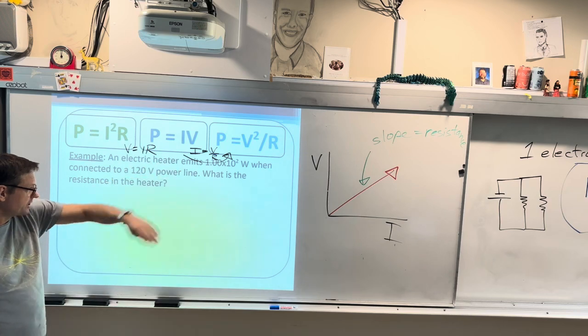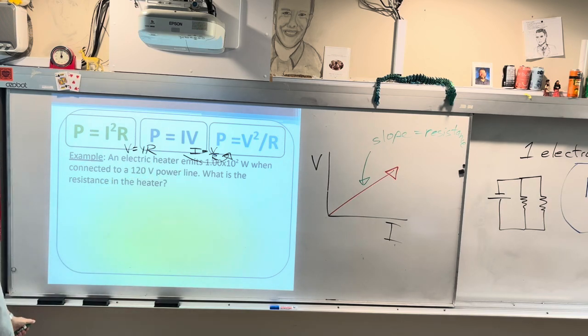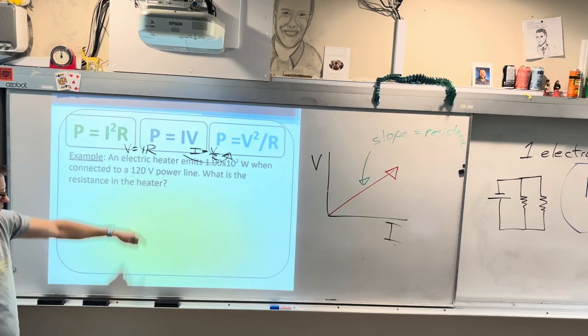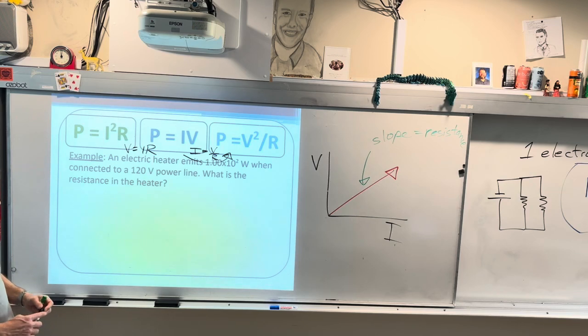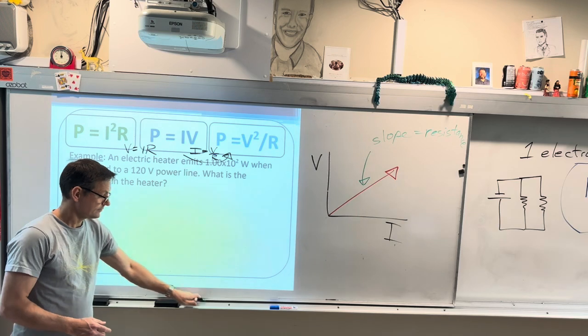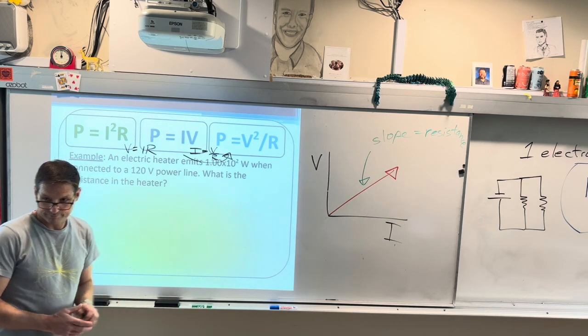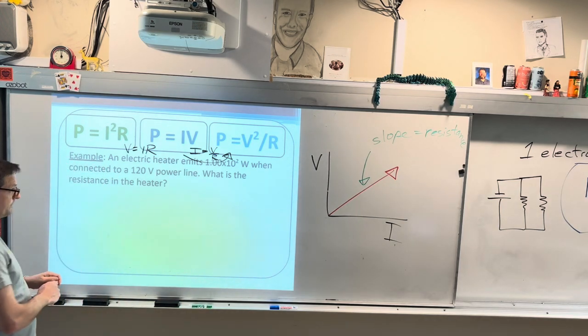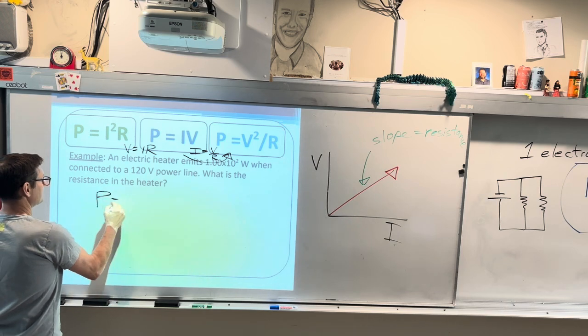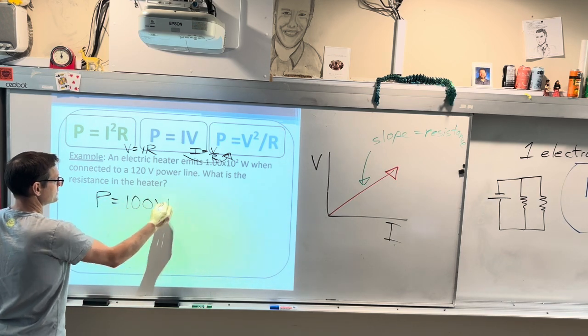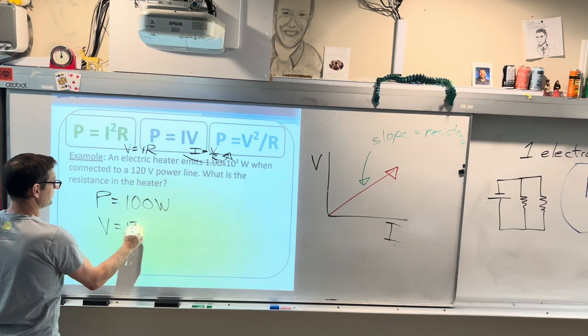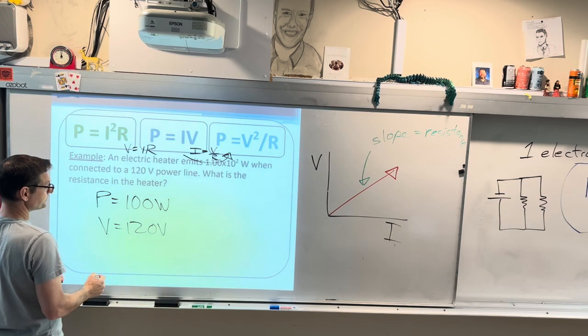Okay, so if you have an electric heater and it has 100 watts when connected to a 120 volt line, what's the resistance in the heater? See if you can figure that out. We have your power is 100 watts and your voltage is 120 volts.